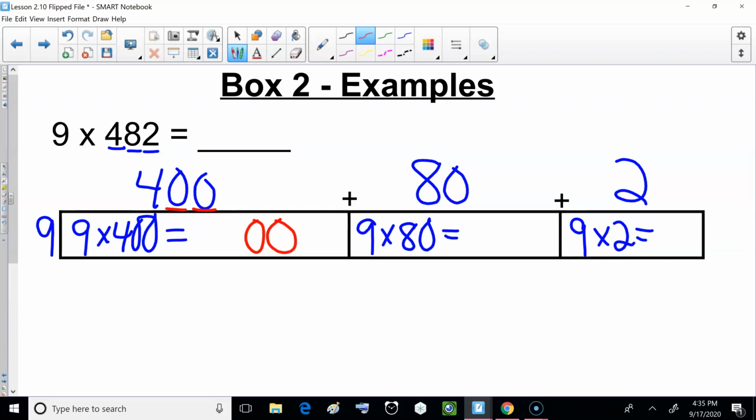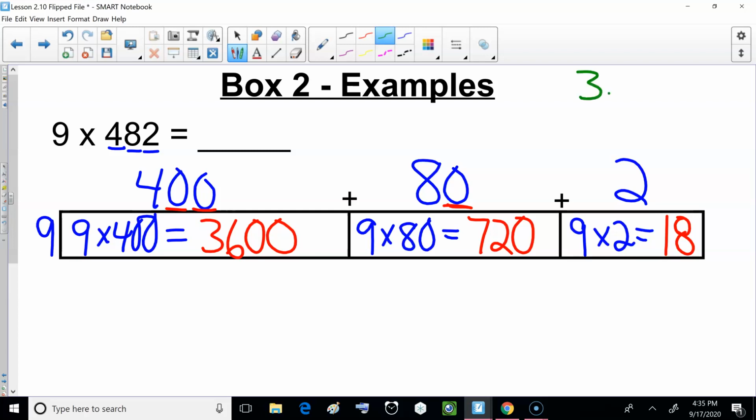And now I'm taking my 9 times 4 hundreds, gives me 36 hundreds. In my tens, I have a 0 in my ones place value, so that 0 is going to be the same. I have 8 tens times 9, which will give me 72 tens, or 720. And 9 times 2 is 18. Now I'm going to take all those numbers and add them up.